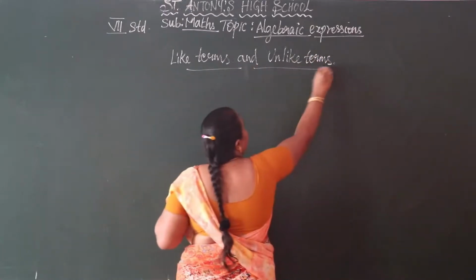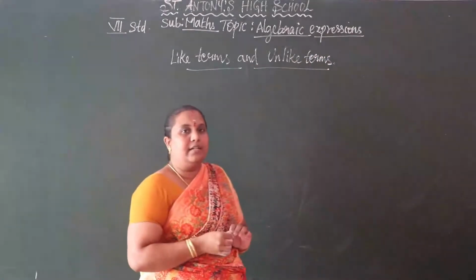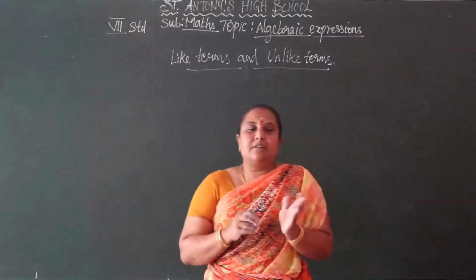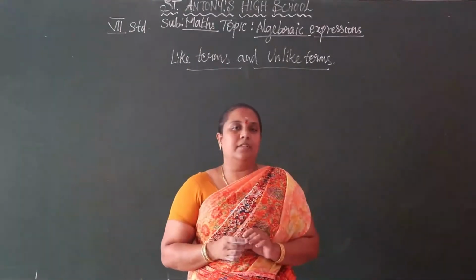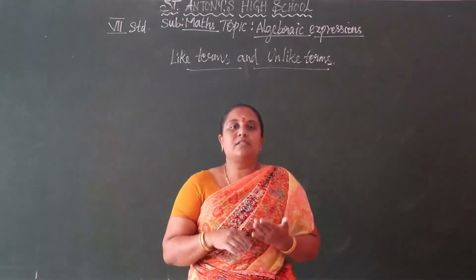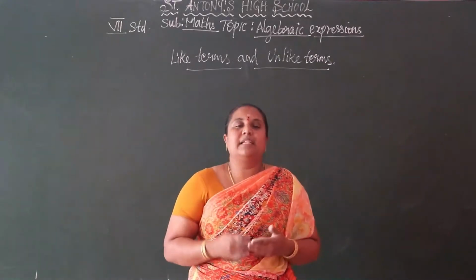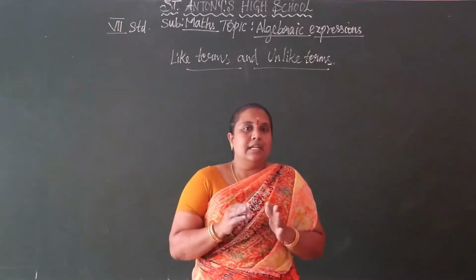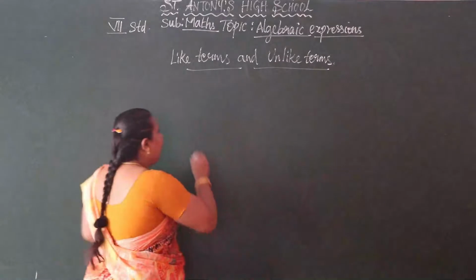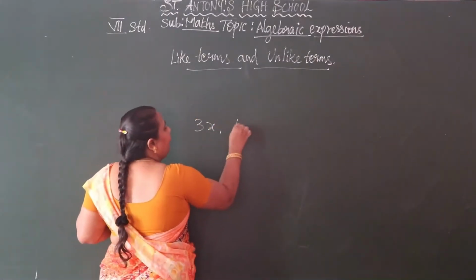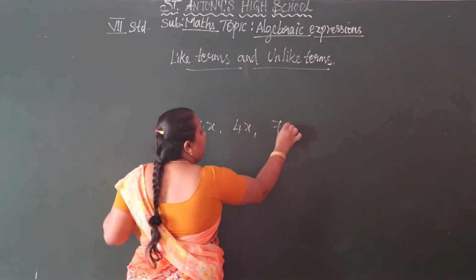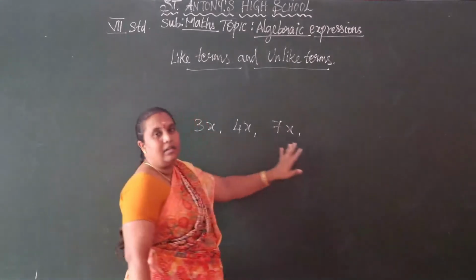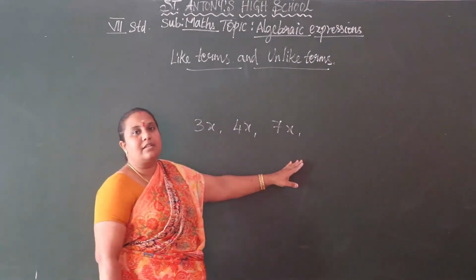I thought you are familiar with these terms. Like terms have the same variable. Unlike terms do not have the same variable, that is, they have different variables. Let us see an example: 3x, 4x, 7x. These are like terms.